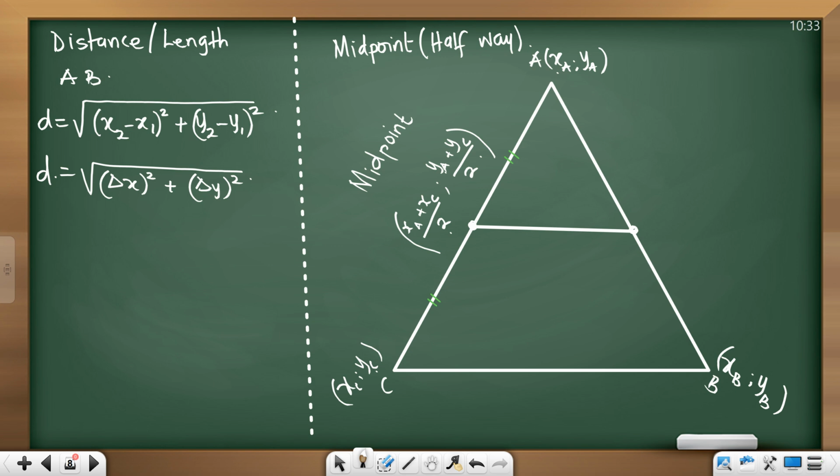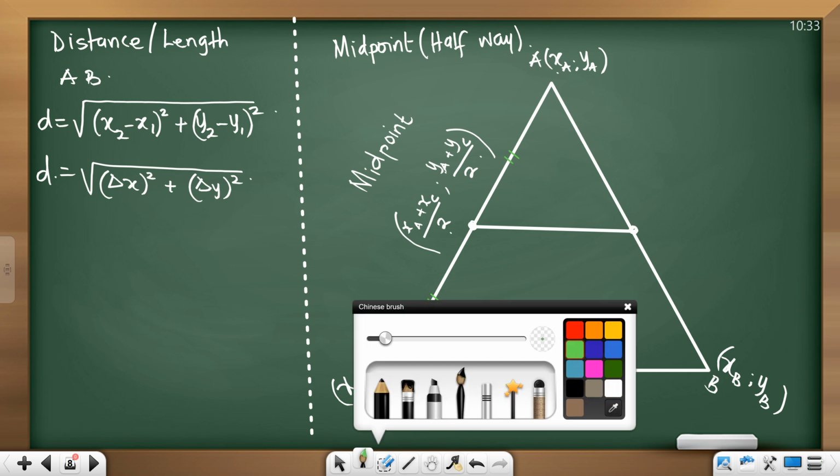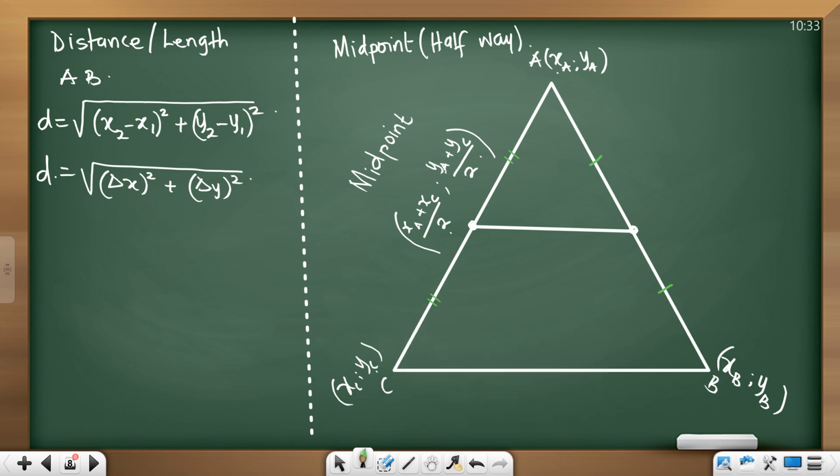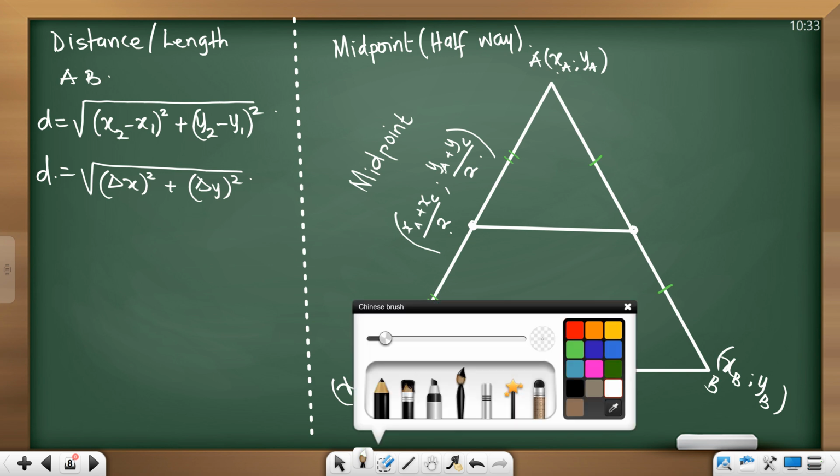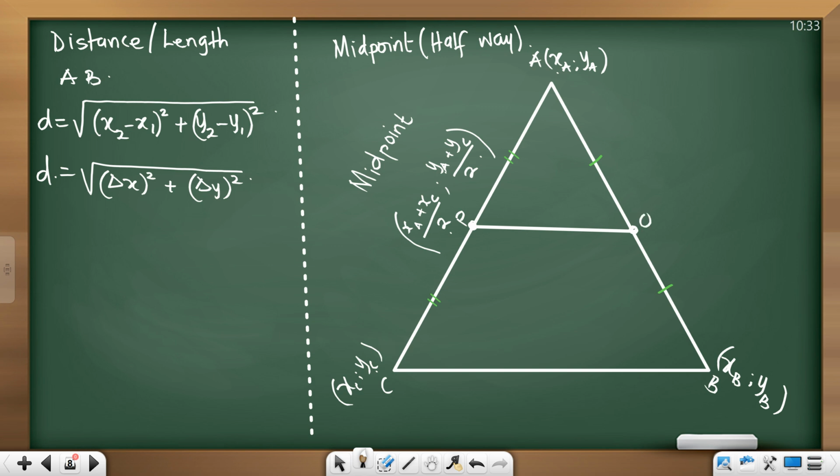The same thing here. If the examiner tells me, so this is just me showing you that examiner can apply. Okay? Let's call this point P and call this point Q. What is this giving us? Midpoint again. What would be the x value? XA plus XB over 2.